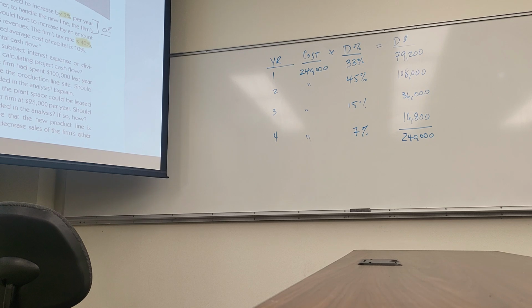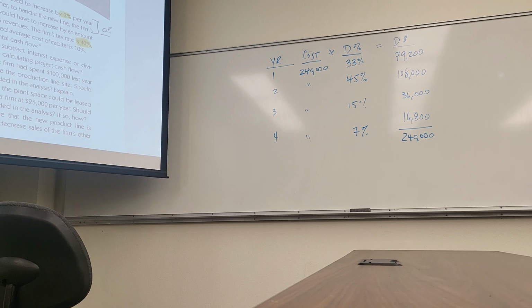But I'm going to liquidate. I'm going to salvage this thing in the last year. Let's get our after-tax salvage value. This is going to be our ATSV right here. So it said salvage value 25,000. Okay. So that is going to be 25K.